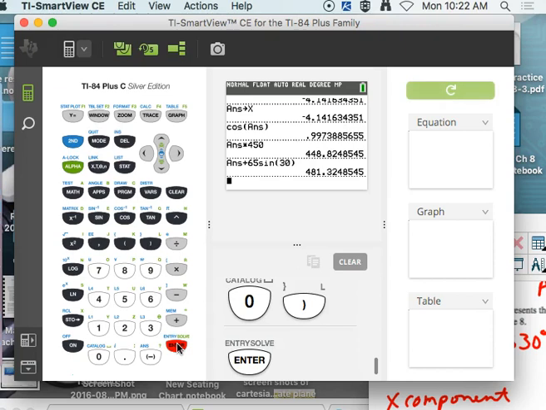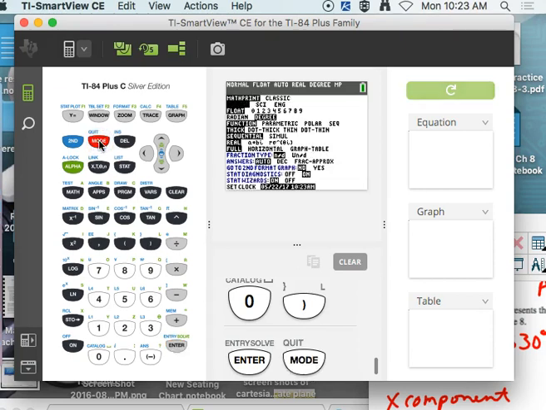That's not what I got earlier. Is that what you got? Did I miss a number? I got 505. Yeah, that's what I got before. And I had this in degrees.